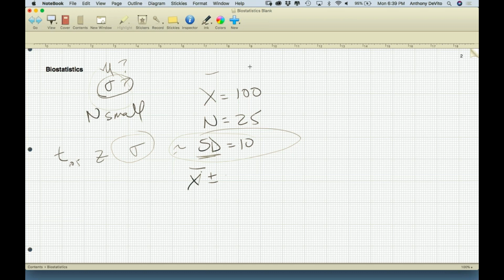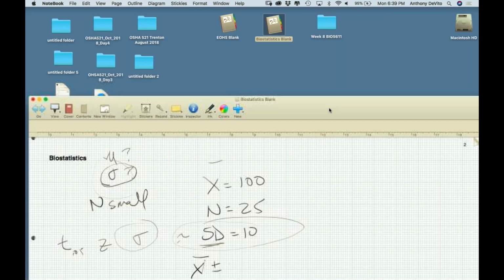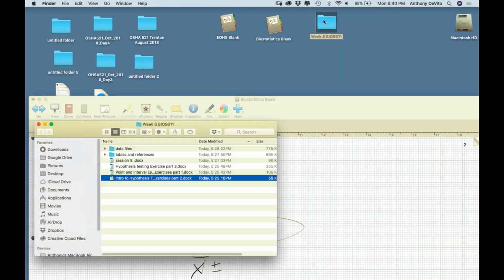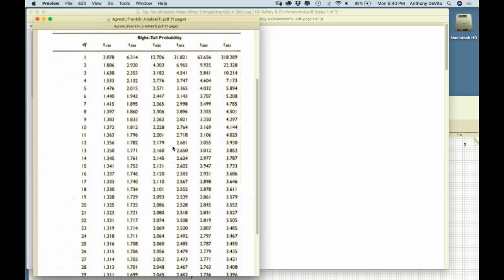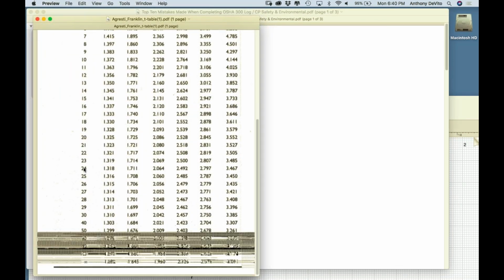So let's get our t-table. Okay, in this session we have copies of the t-table. Okay, so let's look this up. So our sample size is 25. How many degrees of freedom does that represent? That represents 24 degrees of freedom.